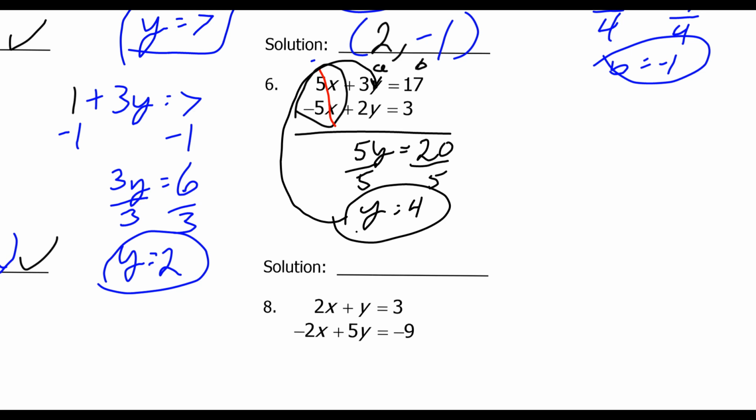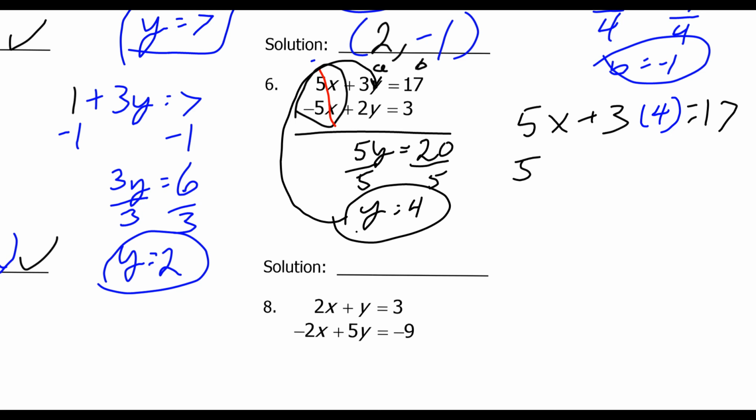We're going to take this, plug it back in at the top, and what we're going to be left with is 5x plus 3 times 4, which equals 17. Alright, and then we're going to go ahead and crunch our numbers here.